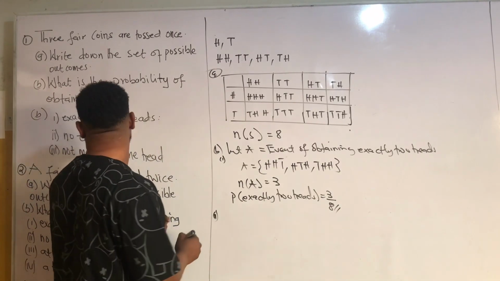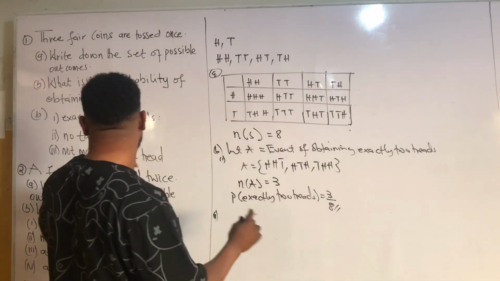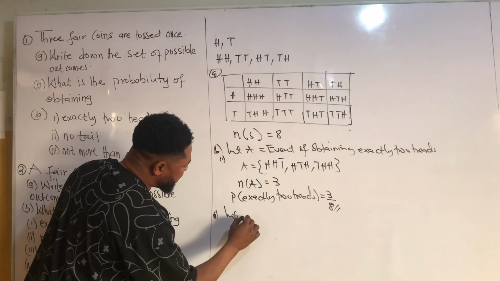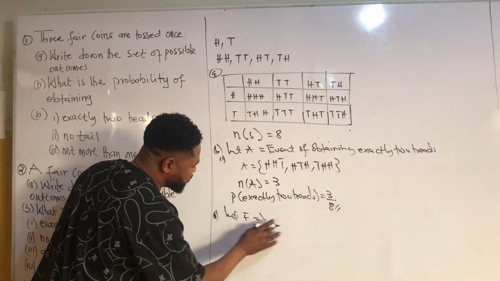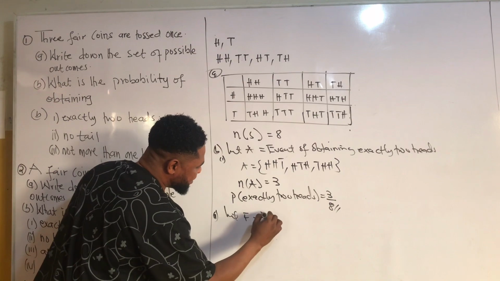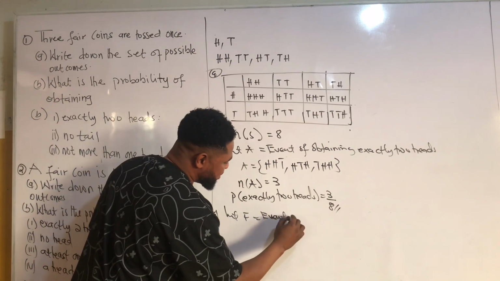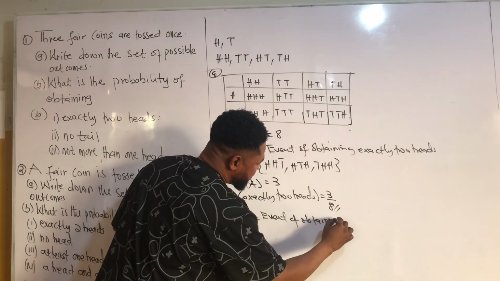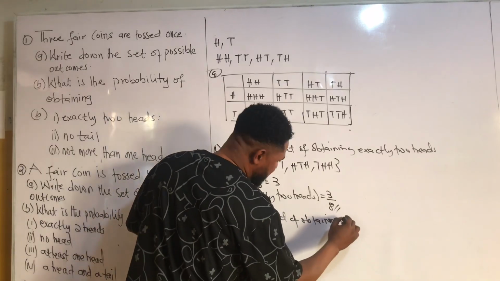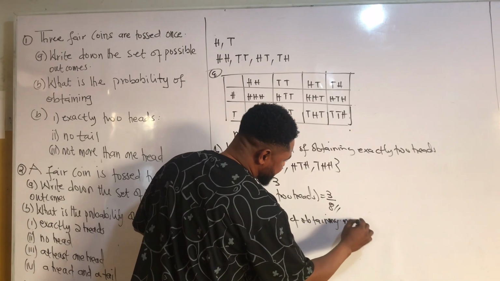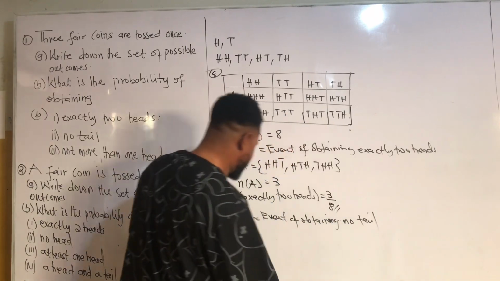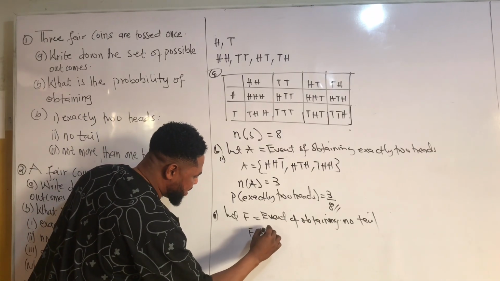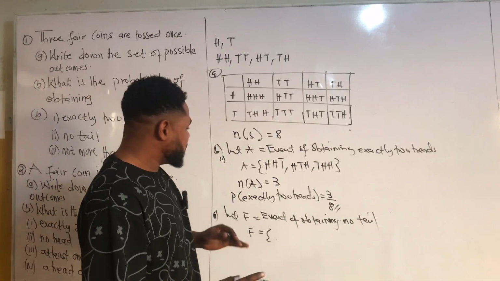So we have no tail. So we can say that let F equal to the event of obtaining no tail. So let us see our event. No tail.